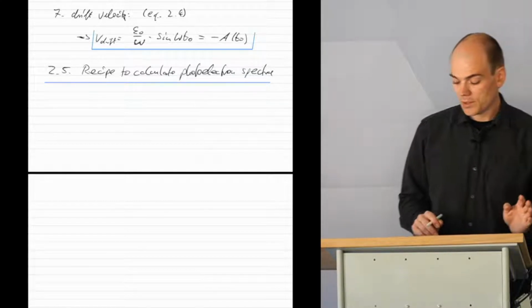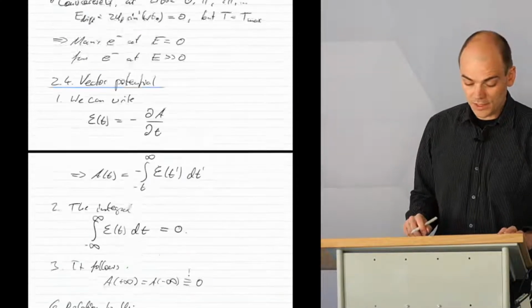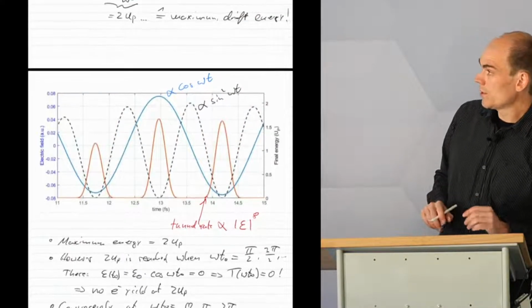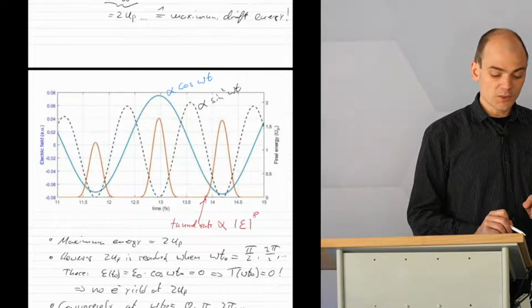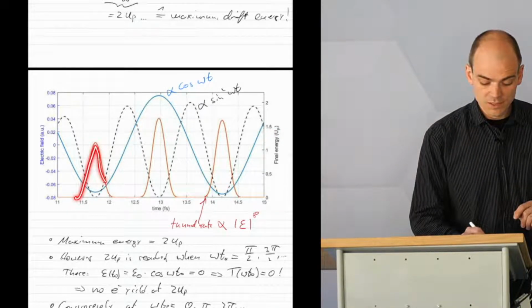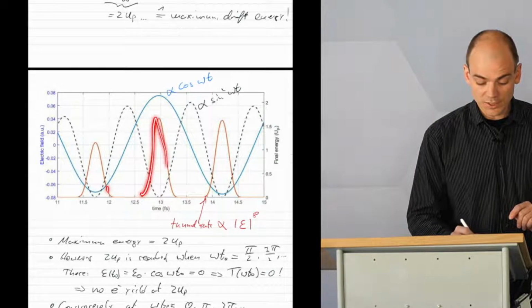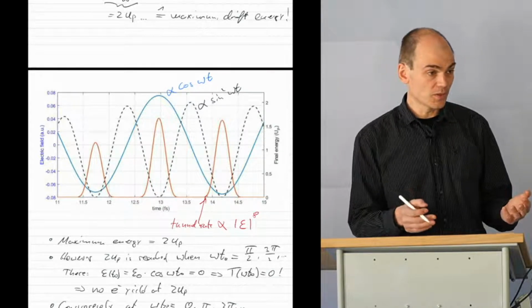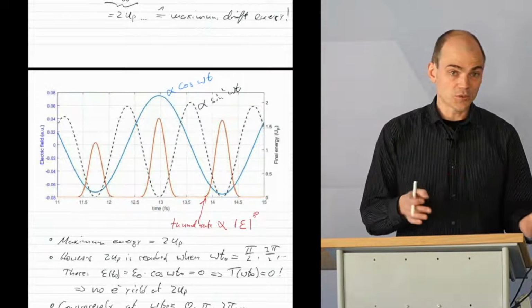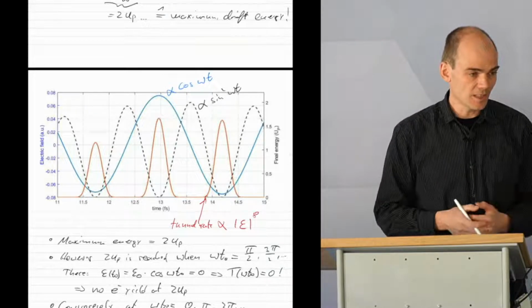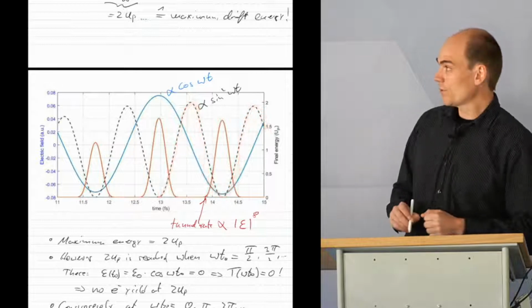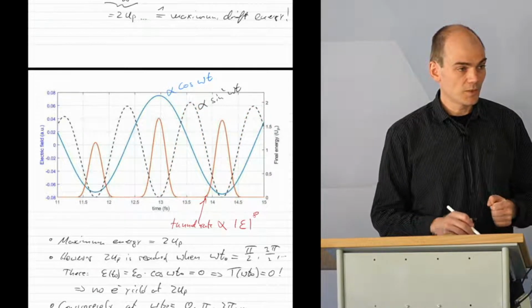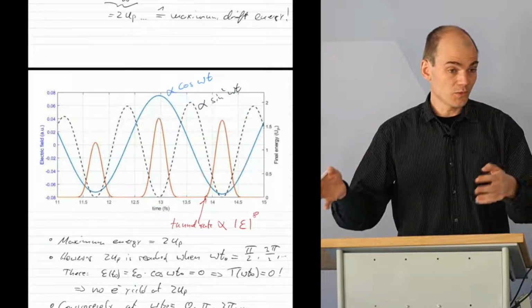Okay, so to motivate this briefly, let's go back here. We have our electric field, and from this we can calculate the ionization probability at each point in time, or the ionization rate, I should say. So how many electrons tunnel. And then this curve here is the final drift energy as a function of initial time.